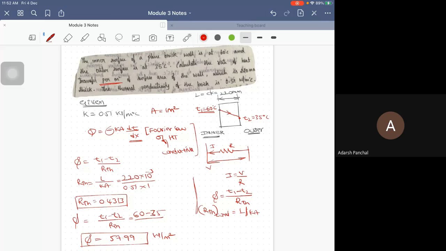Understand my question very carefully. With this particular temperature difference, that means T1 is at 60 degrees Celsius and T2 is at 35 degrees Celsius, what does it mean? This particular wall is at the temperature of 60 and this particular wall is at the temperature of 35, with the same thermal conductivity value of 0.51.